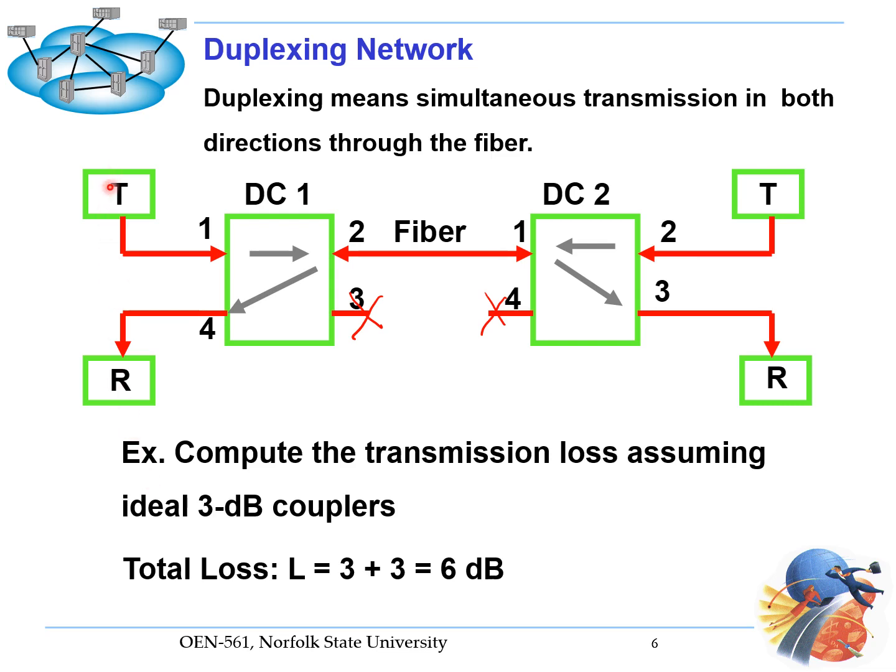So if we transmit from the left to the right, we will have first a loss of 3 dB through the first ideal directional coupler, and then another loss of 3 dB through the second directional coupler. Overall, when the signal propagates, let me change it to the marker, from this transmitter on the left to the receiver on the right using this path, total loss is 6 dB.